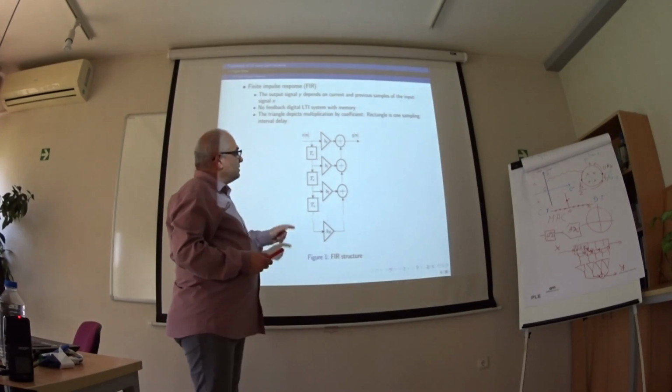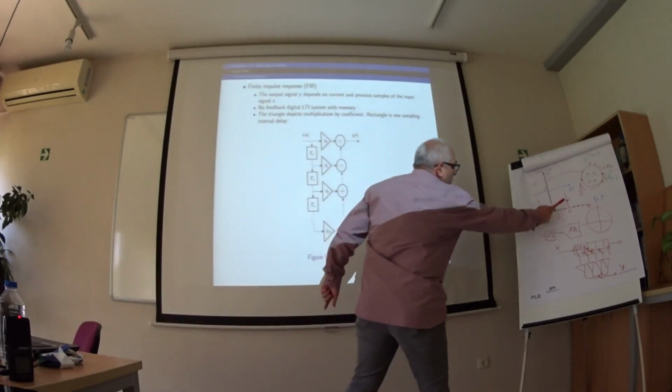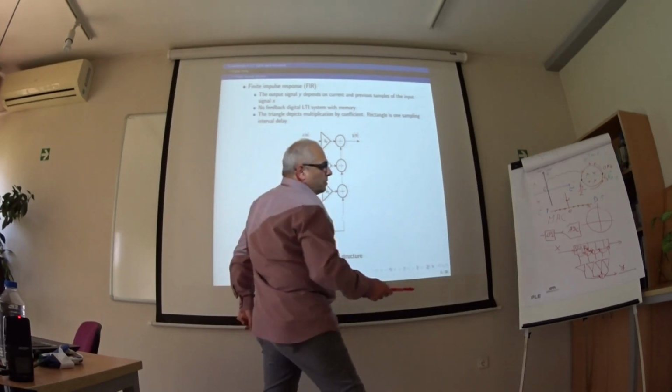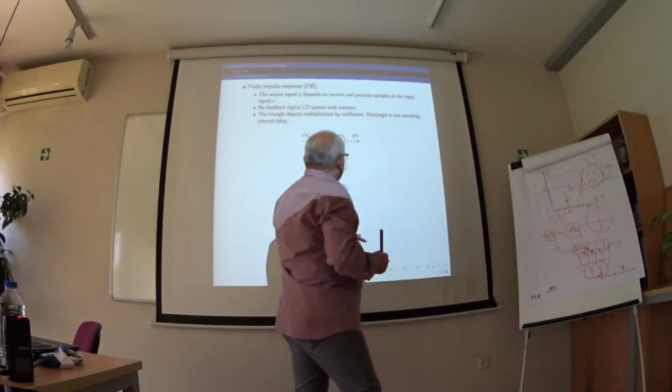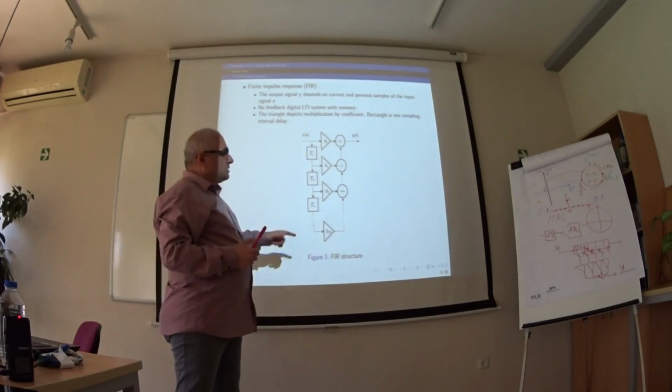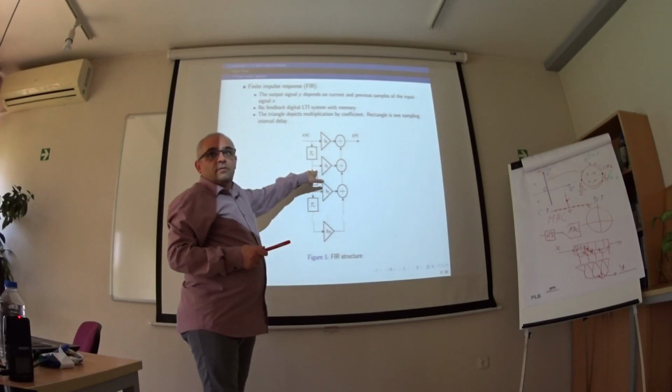So this one will be multiplied by the first coefficient, the rest of the coefficients will be multiplied by 0. So in the next sample interval, this delta will move here.